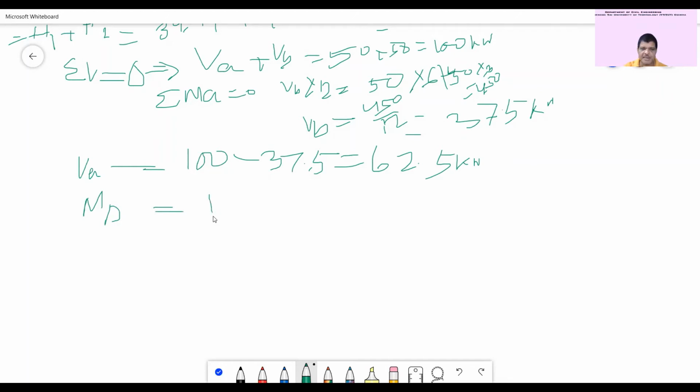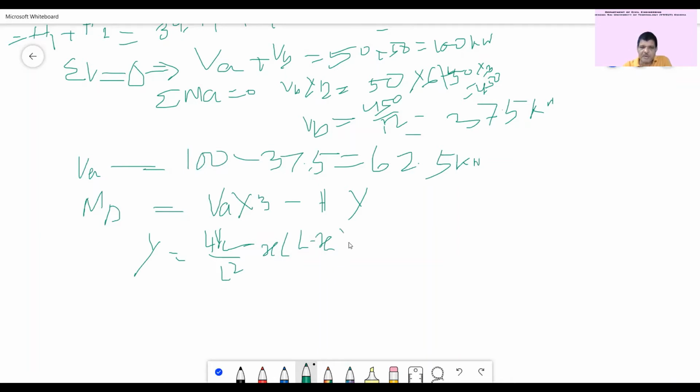The moment at D will be the reaction VA into the given distance of 3 meter, so VA into 3 minus H into Y. Now Y at 3 you have to calculate. How to calculate Y at 3? Again you put the formula 4 YC by L square into X into L minus X. We know all the values.